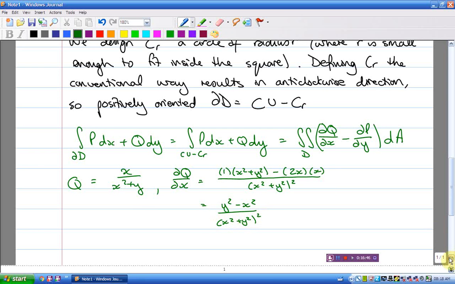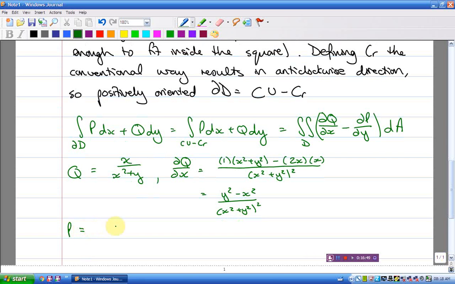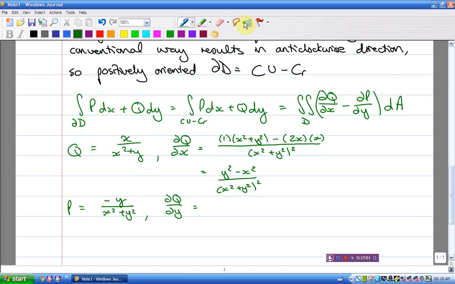Okay, let's work out dP by dy. P is minus y over x squared plus y squared. So once again I'm going to have to use the quotient rule. The quotient rule says derivative of the numerator times the denominator minus the numerator times the derivative of the denominator over the old denominator squared.